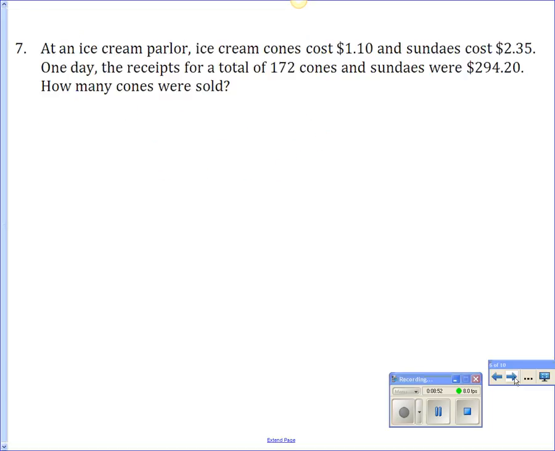All right, number 7, at an ice cream parlor, ice cream cones cost $1.10 and sundaes cost $2.35. One day the receipts for a total of 172 cones and sundaes were $294.20. How many cones were sold? All right, this is a money, money, money one. So those three numbers need to go in the same equation. So I'm going to let x be cones, y be sundaes.